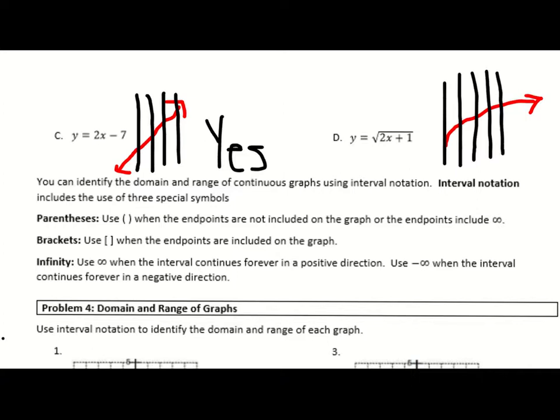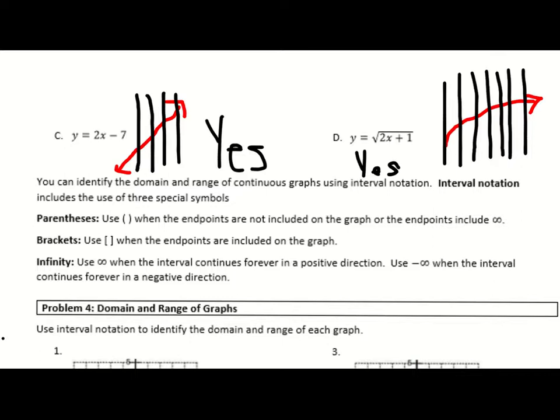Nowhere do I have a vertical line hitting the graph below itself again. So y equals the square root of 2x plus 1 is also a function because it passes the vertical line test. We're just making sure when we draw a vertical line, we do not cross the graph more than one time.